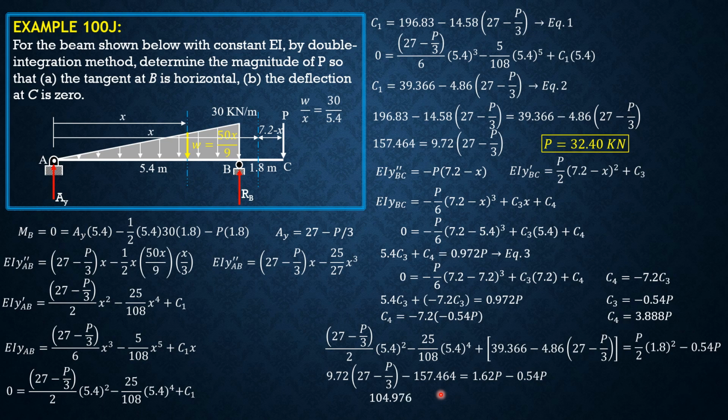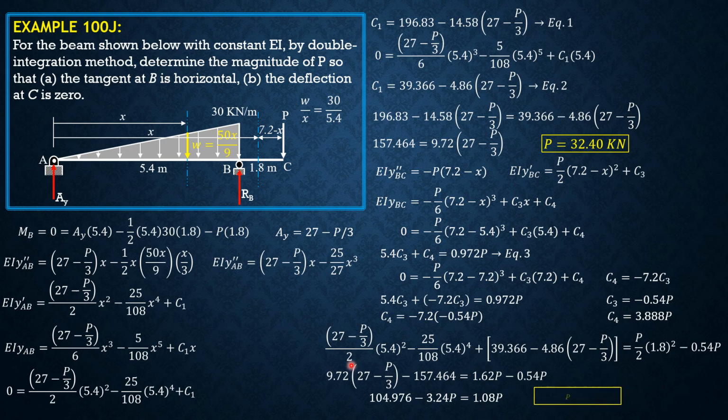So simplifying further, 104.976 minus 3.24 P, combining the constants and simplifying 9.72 times negative P over 3, that's negative 3.24 P. And the right side, 1.62 minus 0.54 P is 1.08 P. Therefore, P is 104.976 divided by quantity 3.24 plus 1.08.